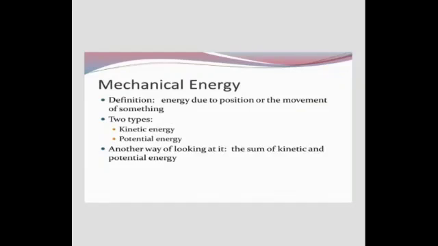Let's see how we have defined mechanical energy. The definition is the energy due to position or due to the movement of something. As I have told you, it is the sum of kinetic energy and potential energy. So we can say there are two types of mechanical energy: one is kinetic and the second is potential energy.